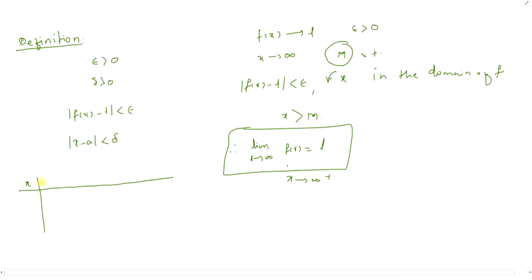Here the negative value of x, the very first value, say let us see, minus 1. Then at the same time f(x) takes the value minus 1. Our function is the same, f(x) is equal to 1 by x, isn't it?